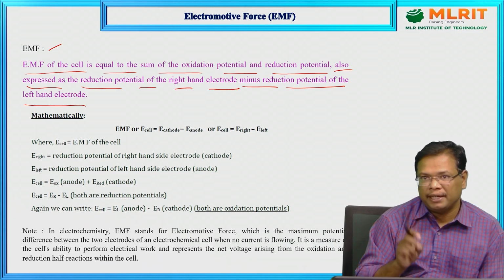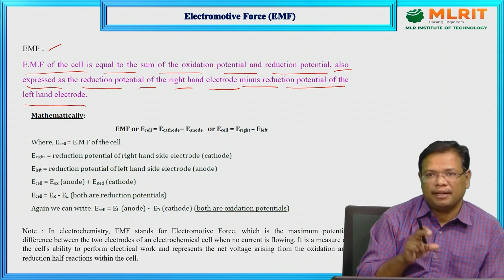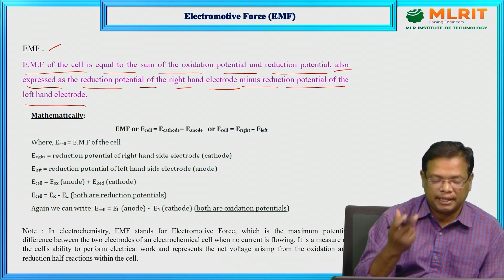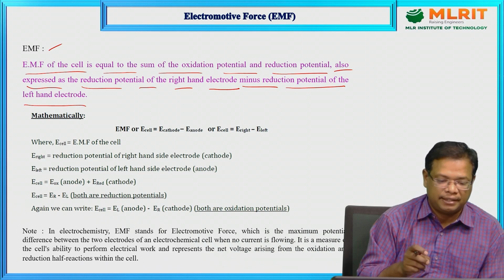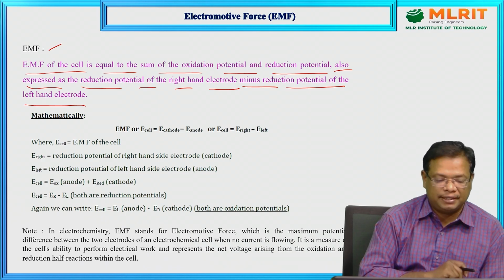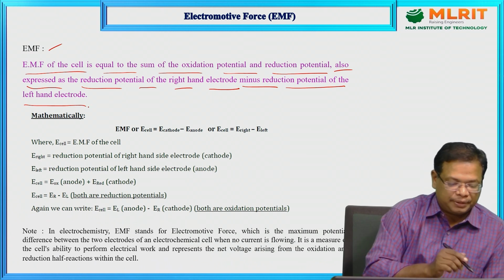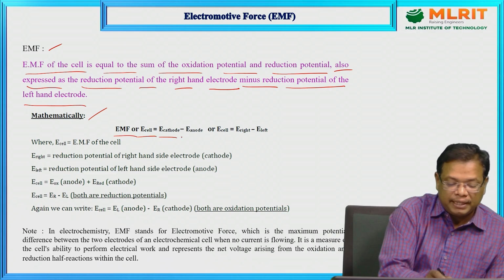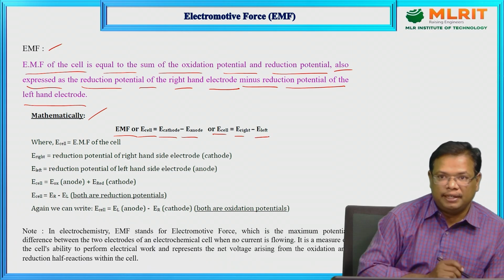So we have to calculate a single electrode's highest oxidation process, how many electrons it is gaining, and the lowest possibility of the reduction state. We have to find out this difference. This is actually the electrode potential. Mathematically, EMF or E cell equals E cathode minus E anode, or E cell equals E right minus E left.